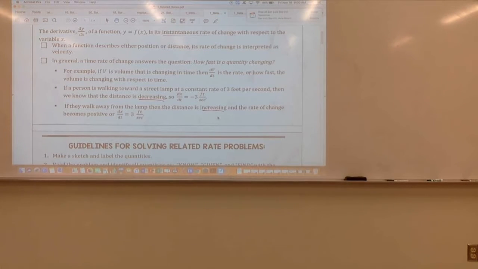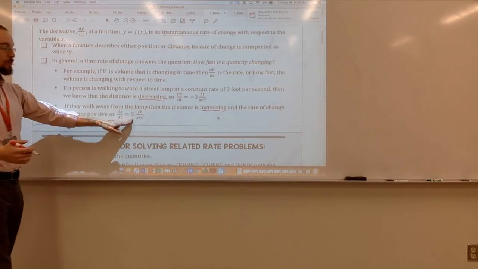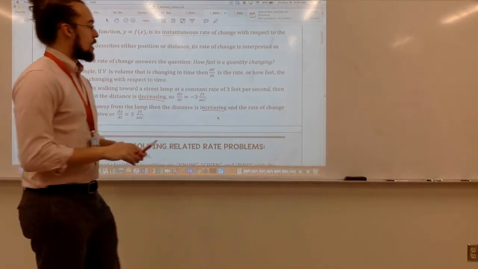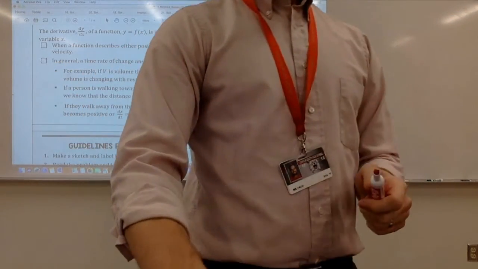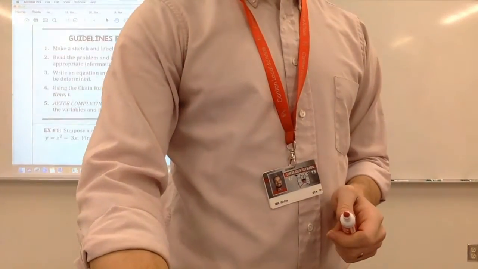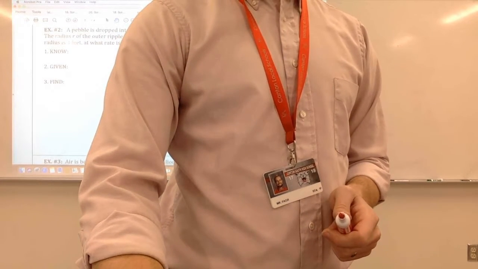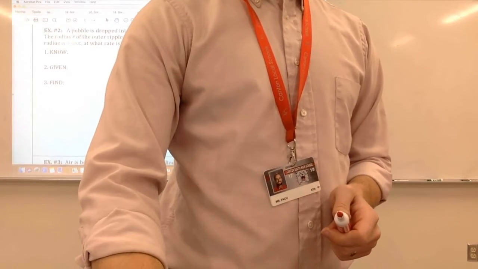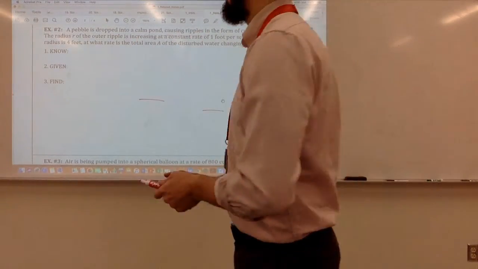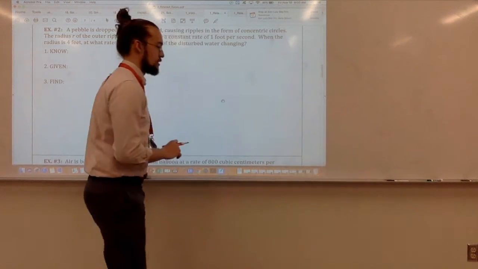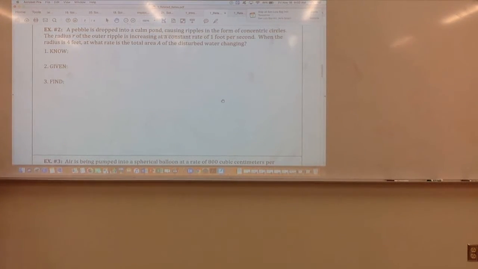If I'm walking away from the lamppost, then my distance is increasing, so that would be positive. So the guidelines here, we're going to go through as we do the first problem together. We're actually just going to skip to number 2 because example 1 doesn't really follow those guidelines. It's all right.